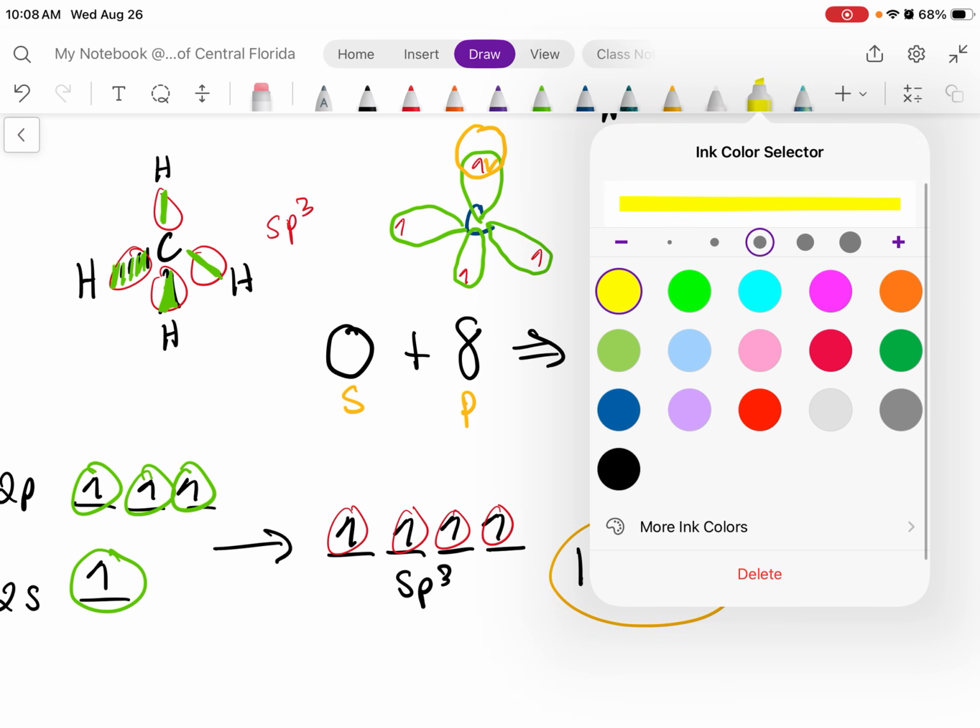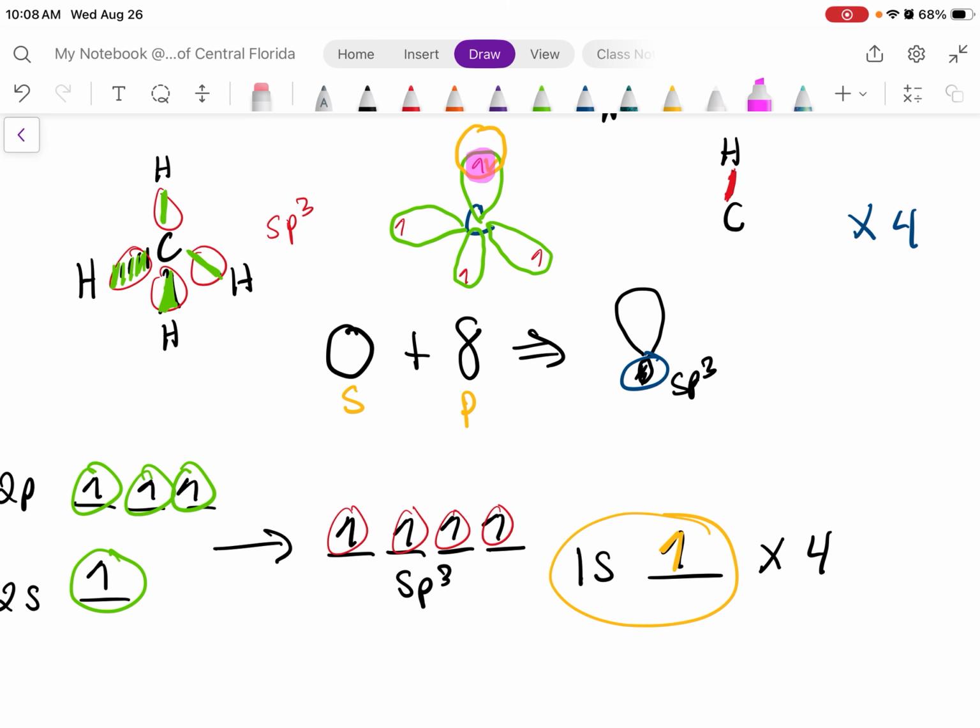So what we have right here is orbital overlap between the 1s orbital and the sp3 hybridized orbital of the carbon. And when you have orbitals interacting head to head, that means that that is a sigma bond. We represent that with the Greek symbol sigma.